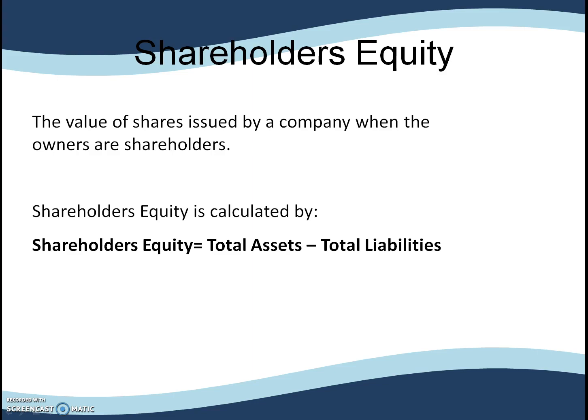Then we move on to the last section of the balance sheet, which is your shareholders' equity. Now, the shareholders' equity is the value of shares issued by a company to its shareholders.